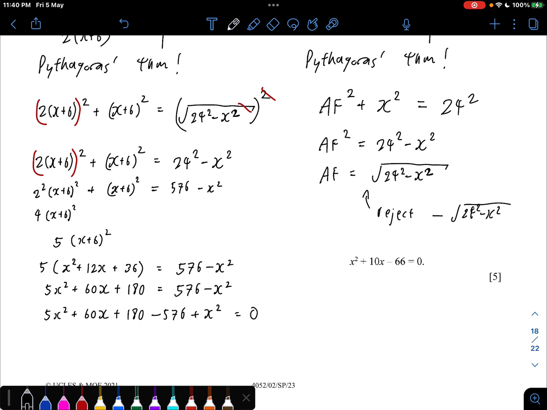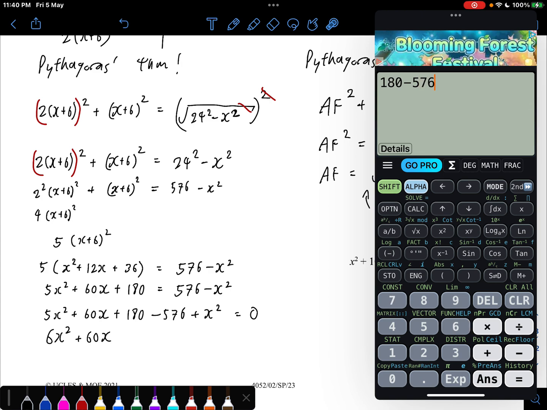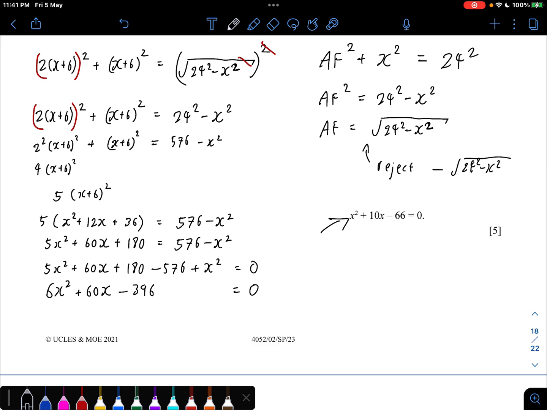Clear? Good. Now we have 5x squared plus x squared. That gives you 6x squared. We have 60x, no other like terms, so just plus 60x. We have 180 minus 576. I need a calculator for this. You get a minus 396 equals to 0. Very good. But wait, are we done? No, we need this form, 1x squared. So what can we do?